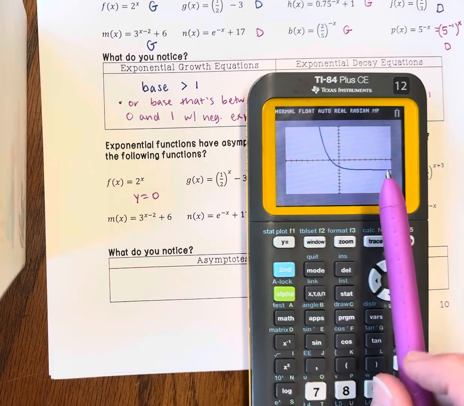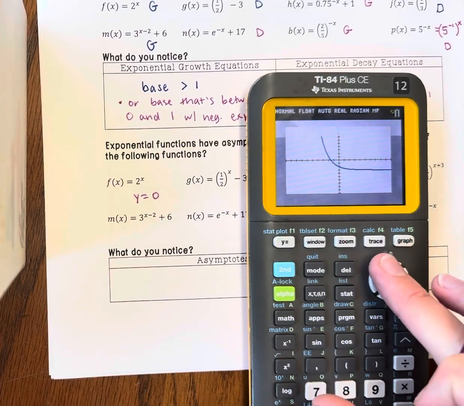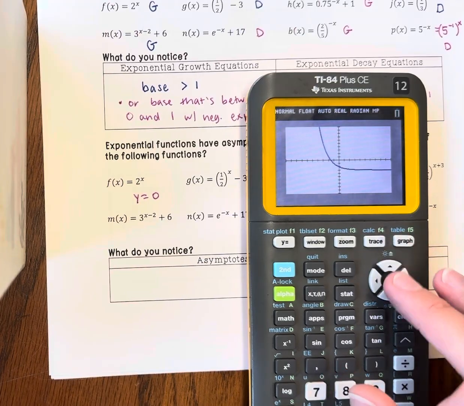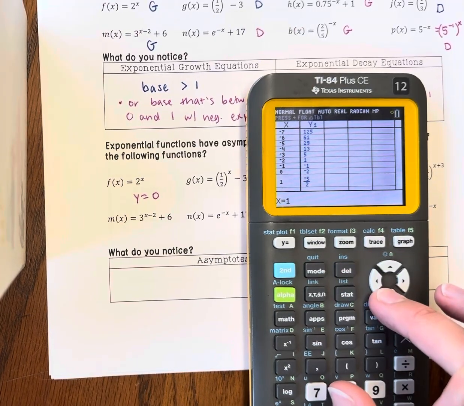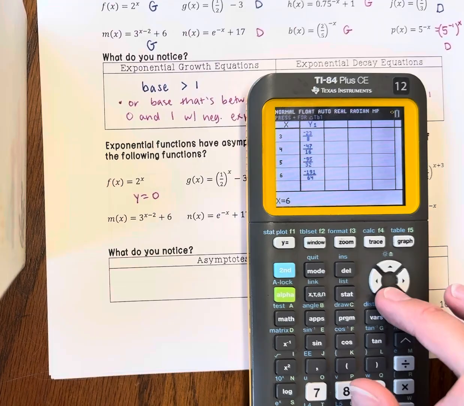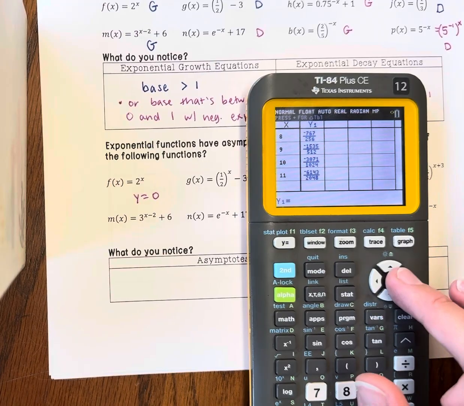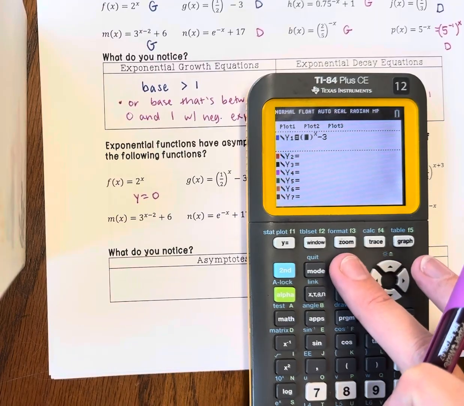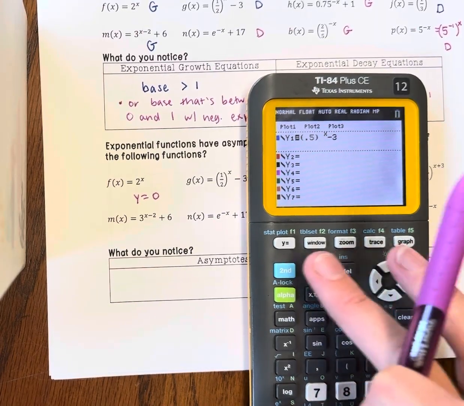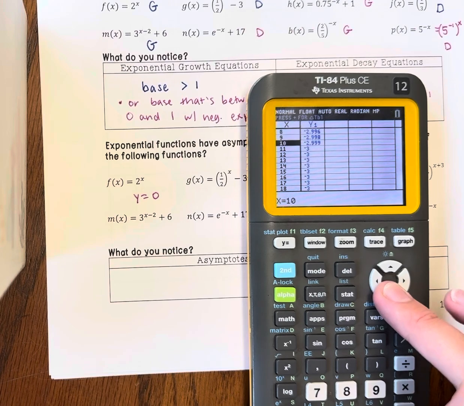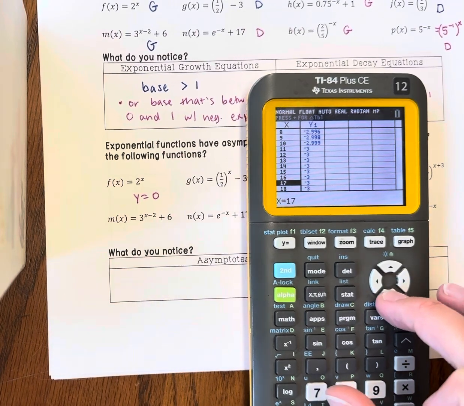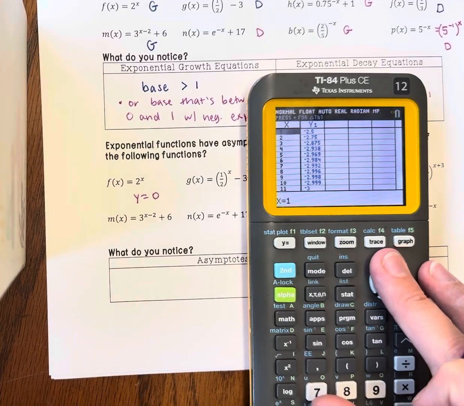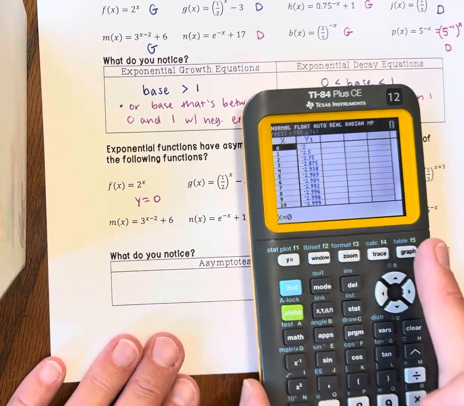If you had to guess, you might guess where the asymptote was, or you go into the table, and you can start seeing, okay, my graph is flattening out. Let me change this. All right, let me get some decimal values. Okay, and your calculator is not actually getting to -3, but it's getting so close that your calculator is just really estimating -3.